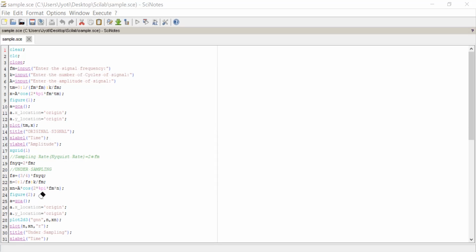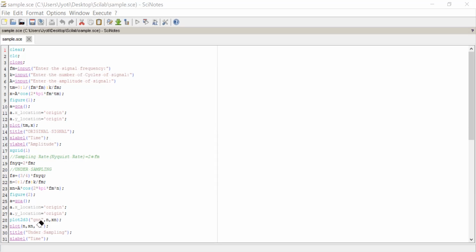For undersampling, you need to display that graph. Figure 2 indicates where the x-axis will start, where the y-axis will start, and the plot. Along the x-axis n is there, along the y-axis xn is there. Then we plot n comma xn comma r. Along the x-axis n values will be varying, and along the y-axis xn values will be varying.